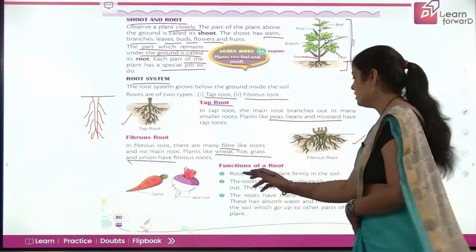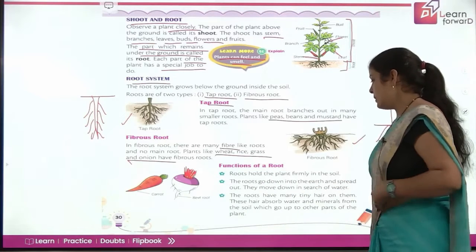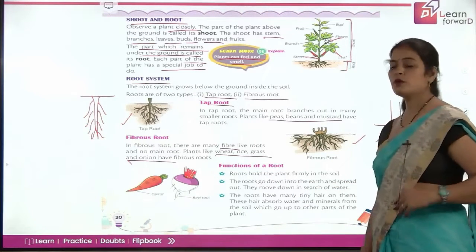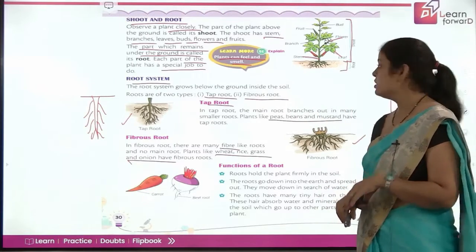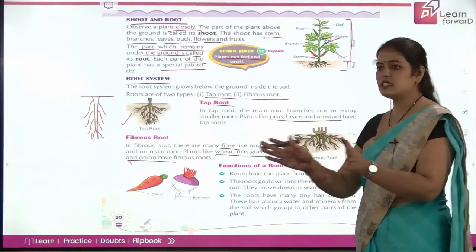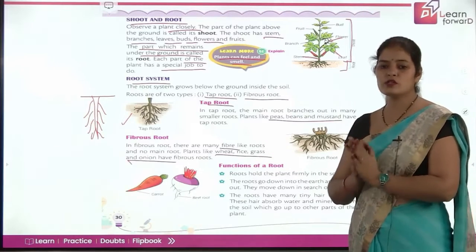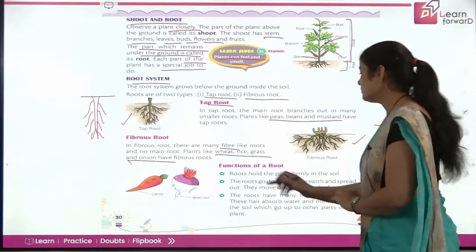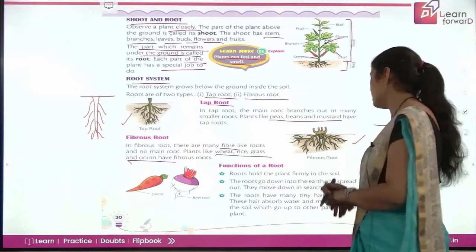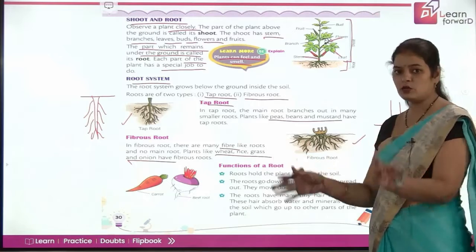Function of root. First, roots hold the plant firmly in the soil. Because this root is present under the ground, it extends and holds the soil particles firmly so that the plant can stand upright. Second, the root goes down into the earth and spreads out.